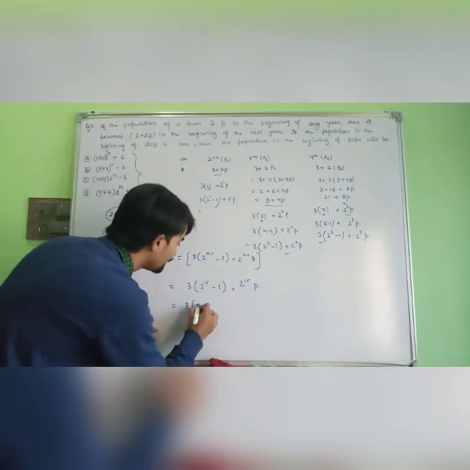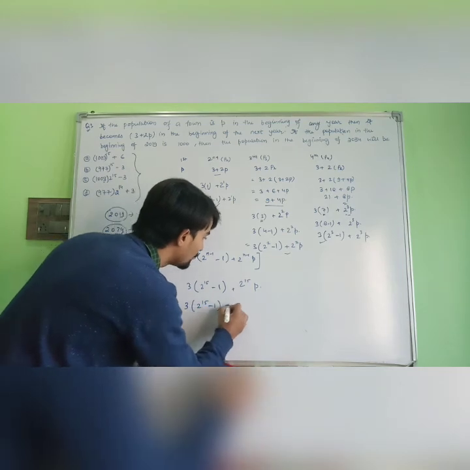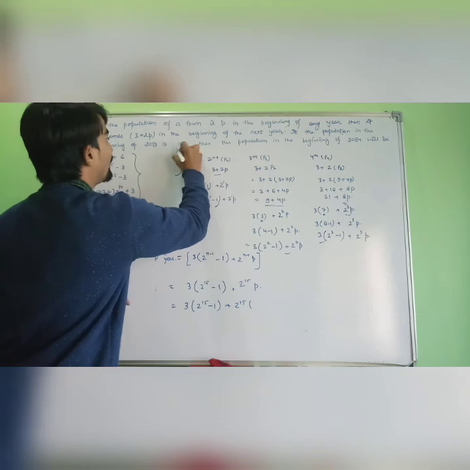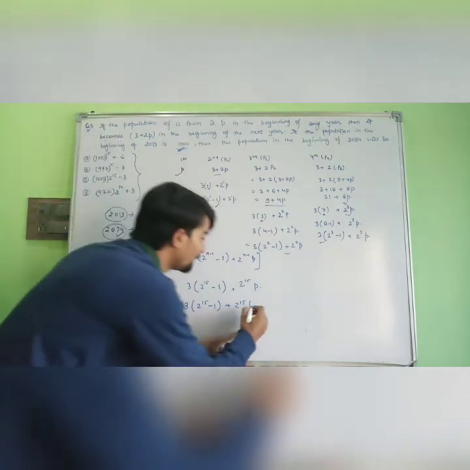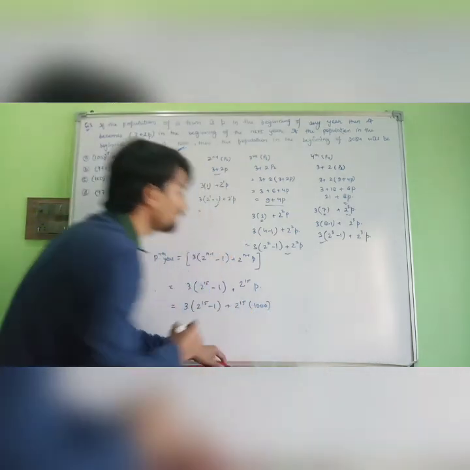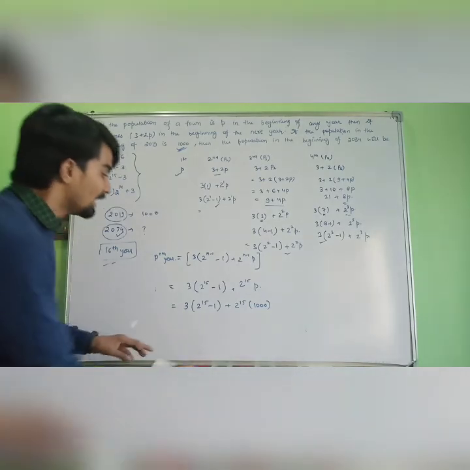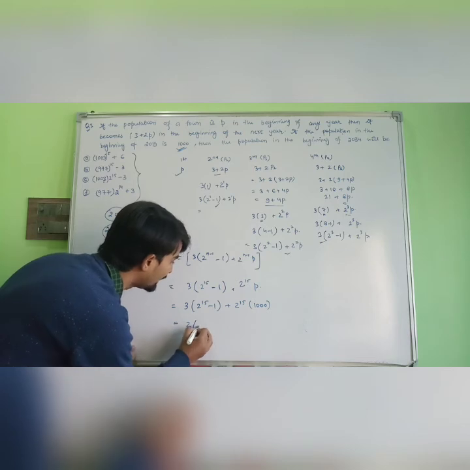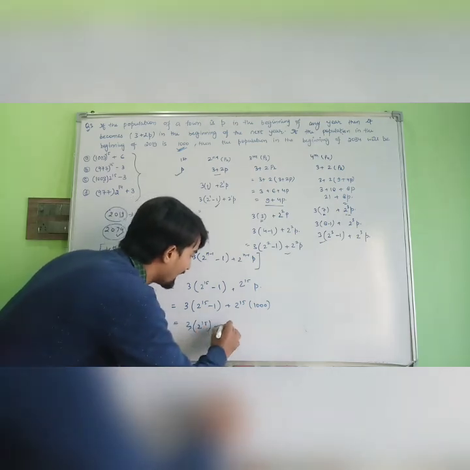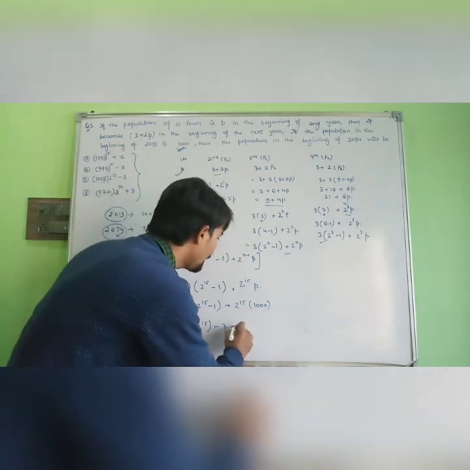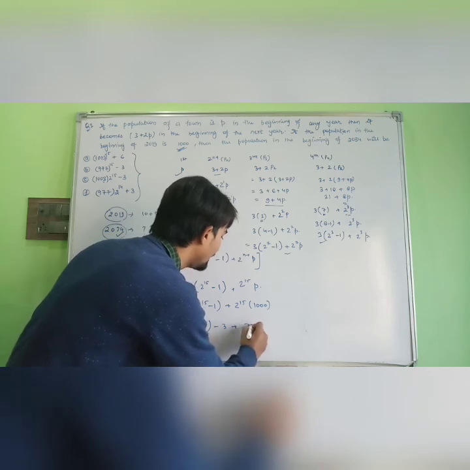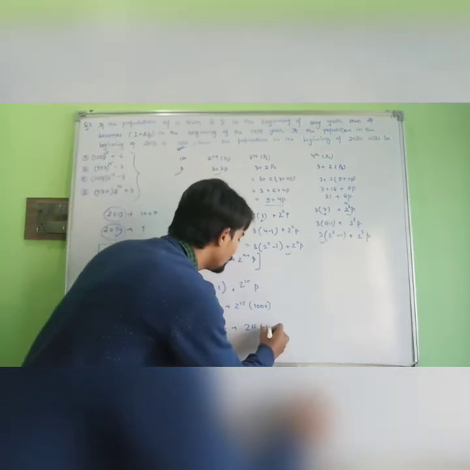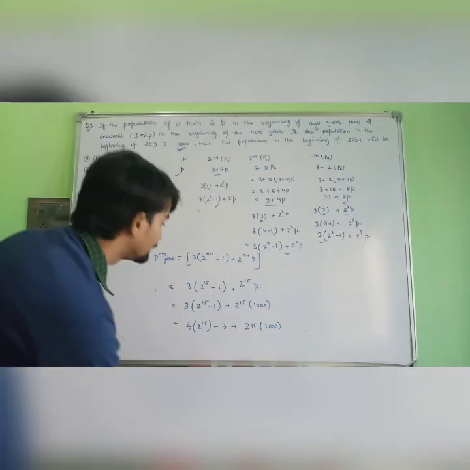It will be 3 times 2 to the power 15 minus 1 plus 2 to the power 15. P is given as 1000, so we put in 1000. Clear? Now when we solve it, it will be 3 into 2 to the power 15 minus 3 plus 2 to the power 15 into 1000.